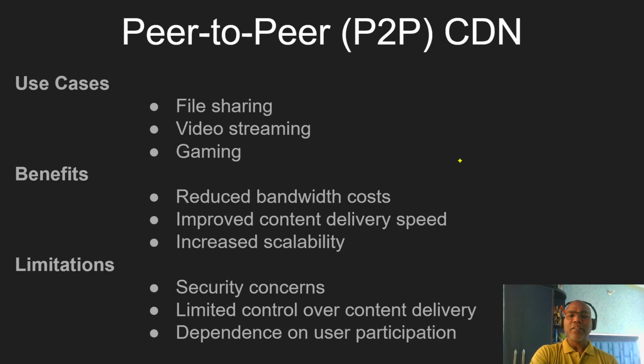Similarly, sometimes a peer-to-peer CDN is available for use cases like file sharing, video streaming, and gaming, which reduces unnecessary bandwidth and improves content delivery. Whenever we use peer-to-peer, we have to ensure that file sharing, video streaming, and gaming happen properly, and what kind of dependency or security limitation we also have to consider while choosing the CDNs.